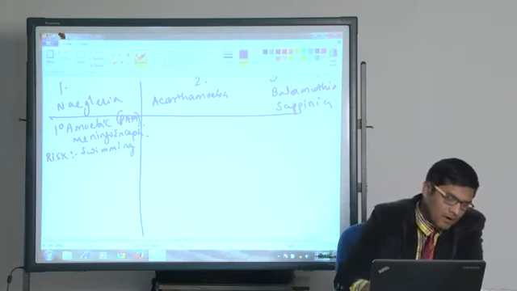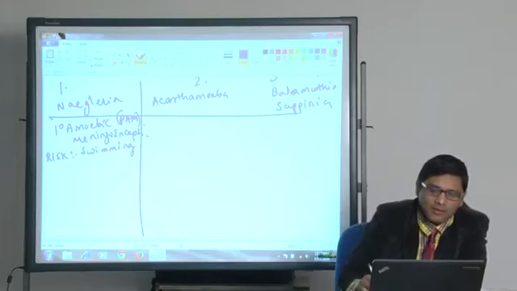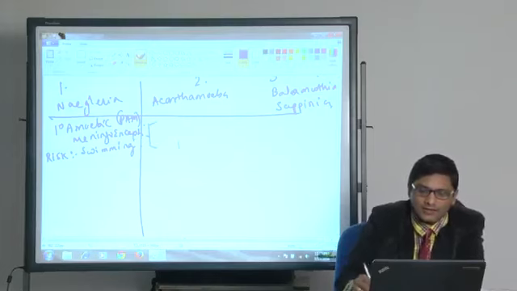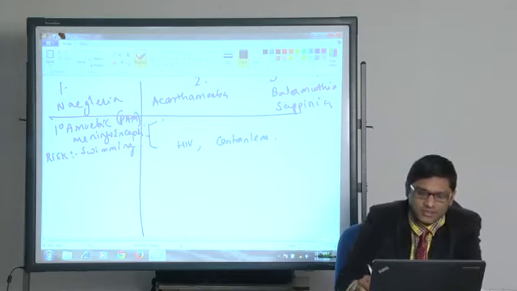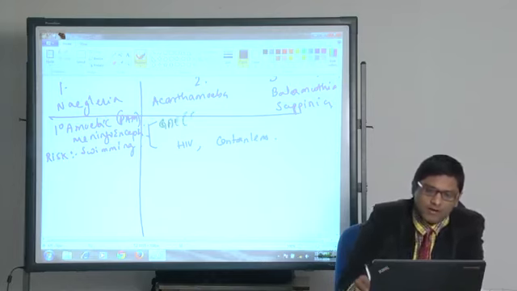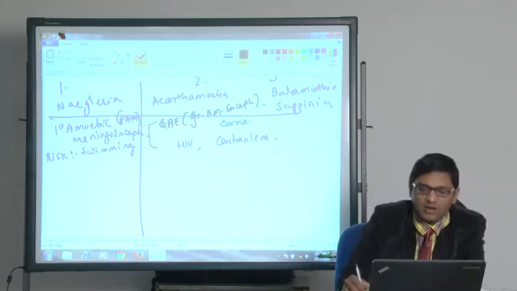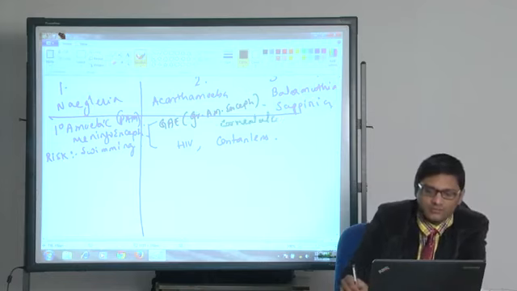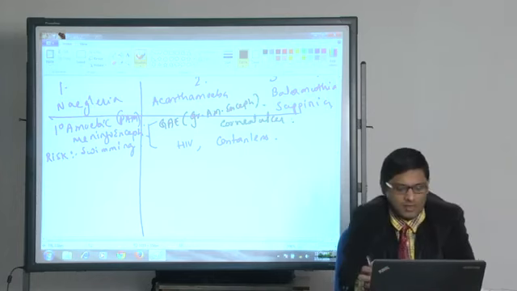For Acanthamoeba, the risk factors are either HIV infected people or contact lens use. For HIV infected people, it causes GAE, granulomatous amoebic encephalitis. For contact lens users, it causes corneal ulcerations. So these are the two important manifestations of Acanthamoeba.